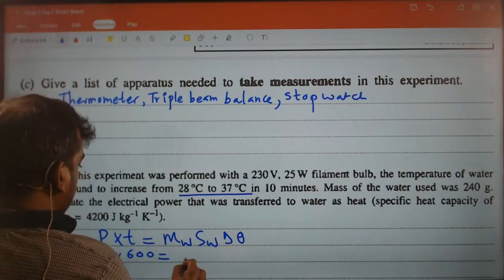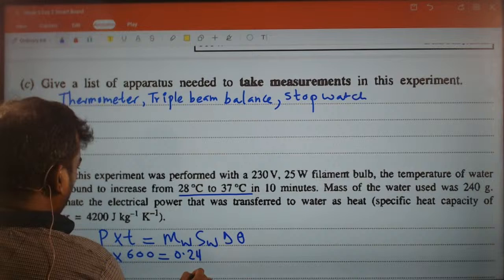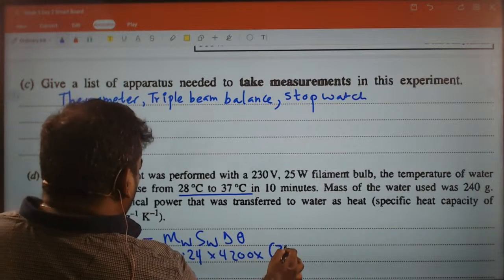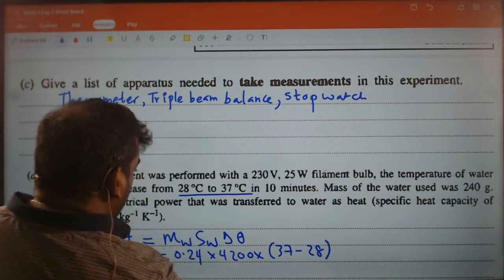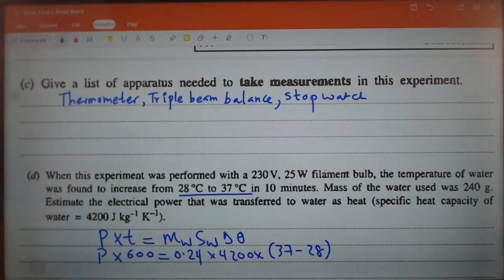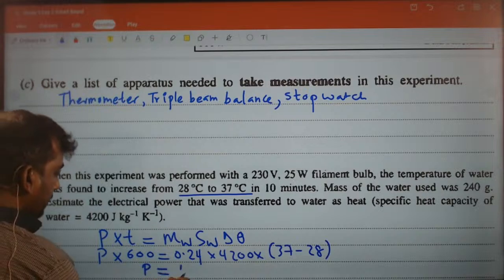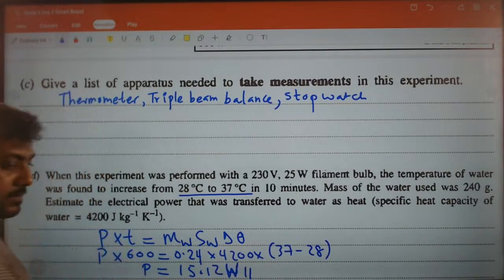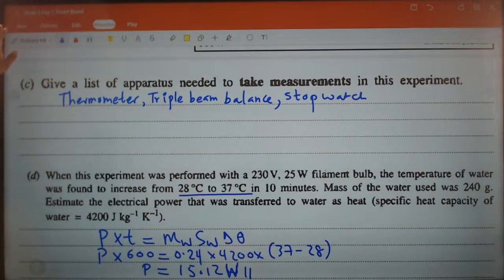Mass of water is equal to 0.24 kilogram, 4200, temperature change 37 minus 28. Simplify this. You will obtain the relationship 15.12 watt. Okay.